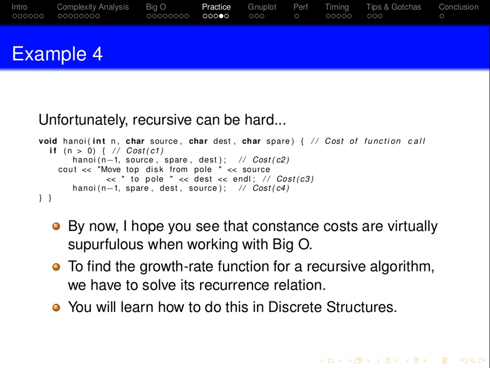So each call to Hanoi based on n is equal to a call to Hanoi of n minus 1 plus another call to Hanoi of n minus 1, right? And that's done until n is 0, right? Yeah, here we go.